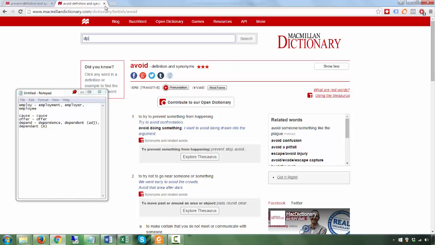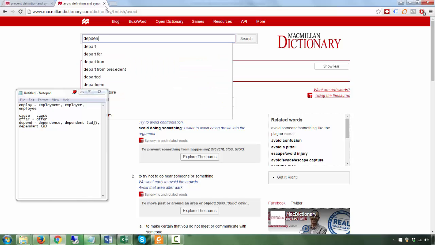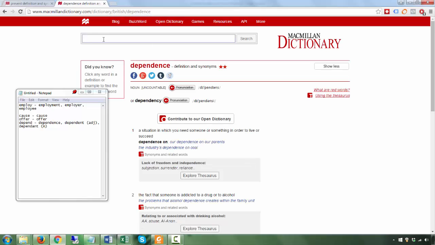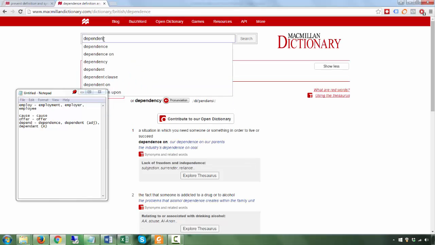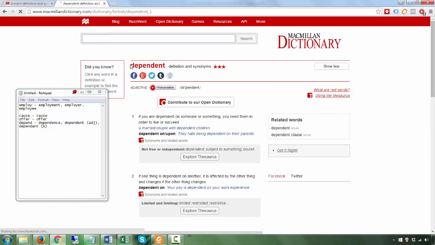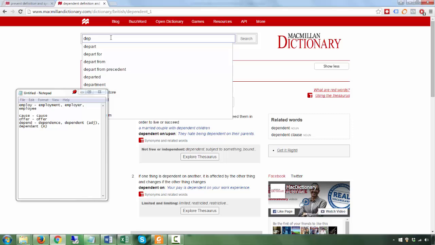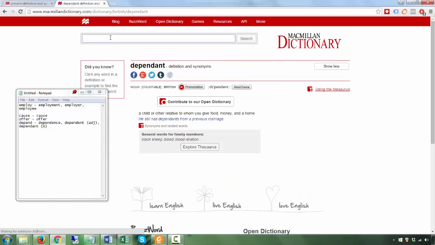So dependence is the noun. Okay, dependent is an adjective. He is dependent on. ANT, okay, is a noun.